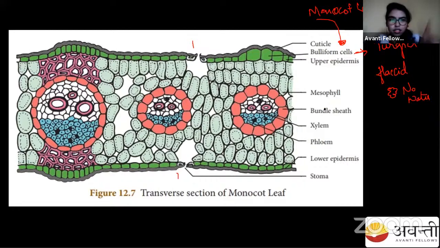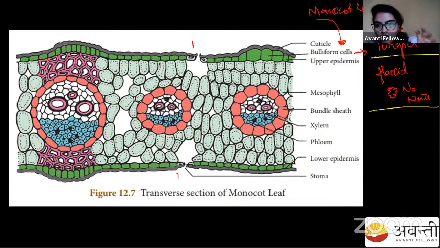Like when you drink a lot of water, your stomach swells up. That is turgid. Flaccid means your stomach is empty and you are feeling hunger, so your stomach has shrunken. Flaccid means shrunken cell, turgid means swollen cell.